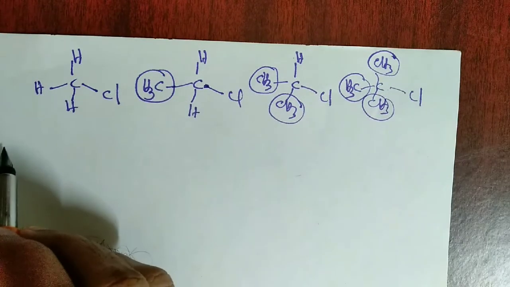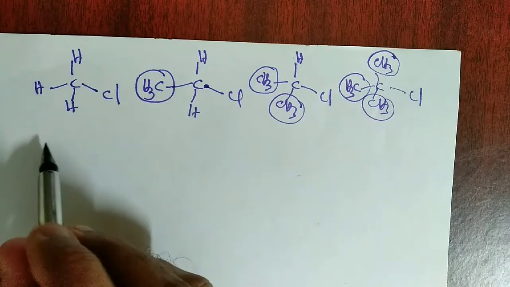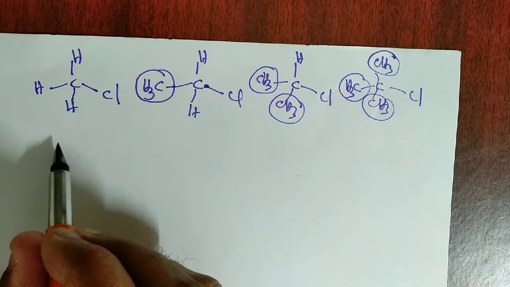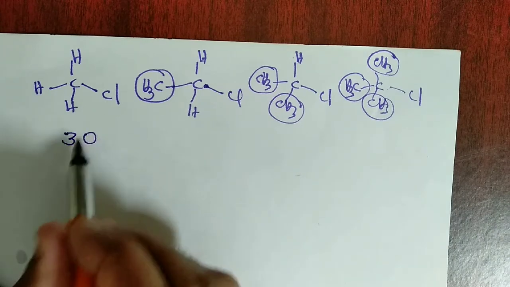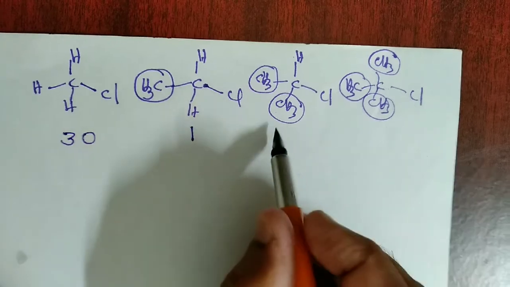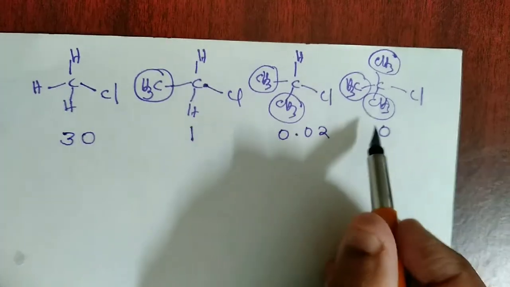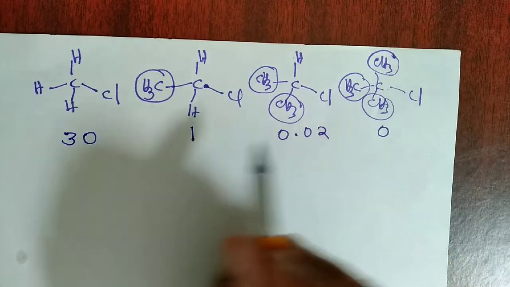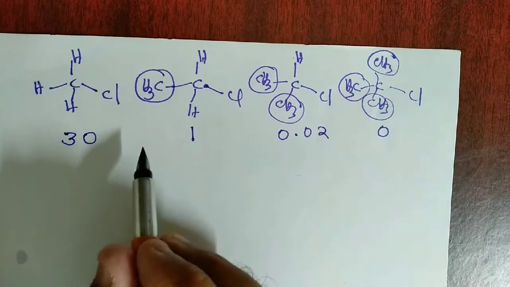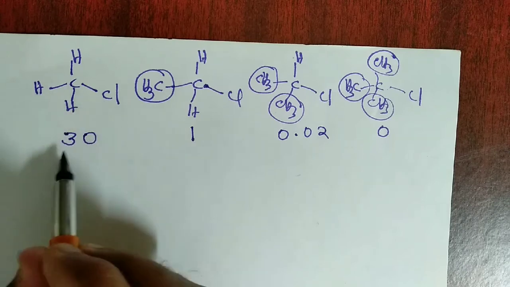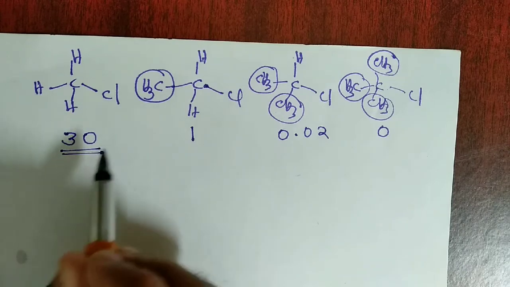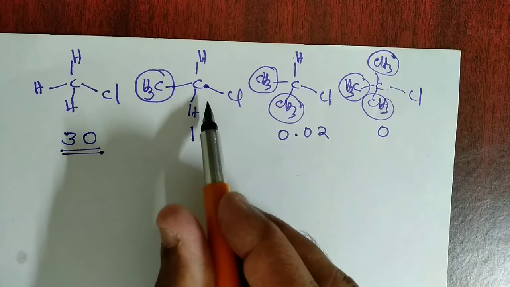The relative rate of SN2 reaction follows 30:1:0.02. Tertiary butyl chloride does not follow SN2 mechanism. That is, methyl chloride is 30 times more reactive than ethyl chloride.